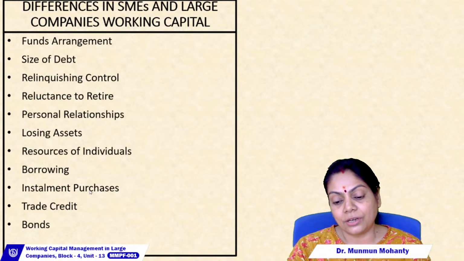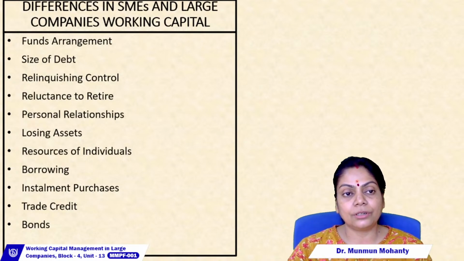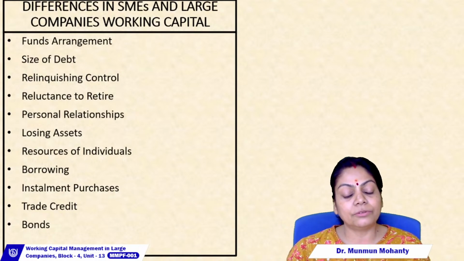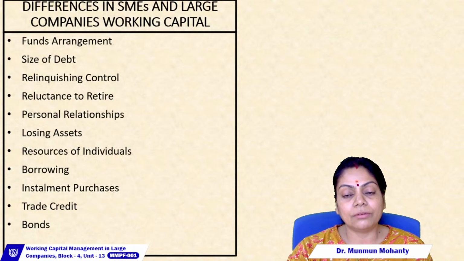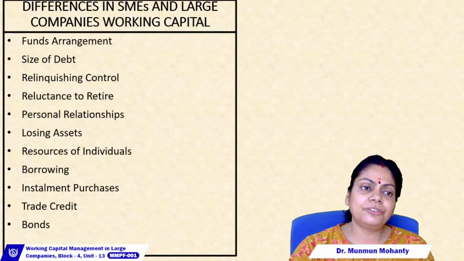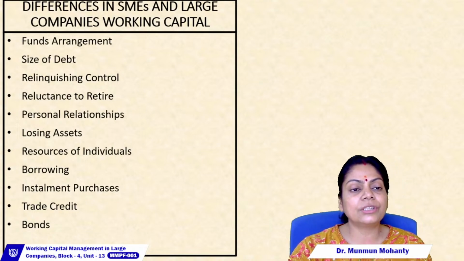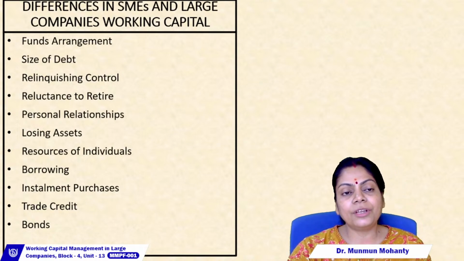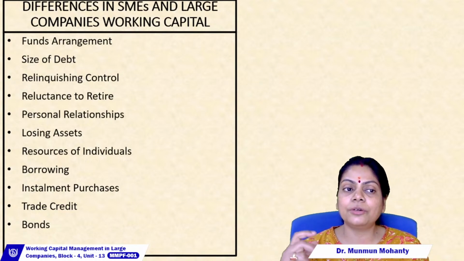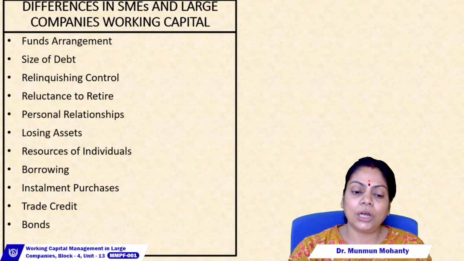Now, having discussed the various sources of finance for the working capital of large corporations, we will shift our attention to the differences between small companies and large companies as regards working capital.